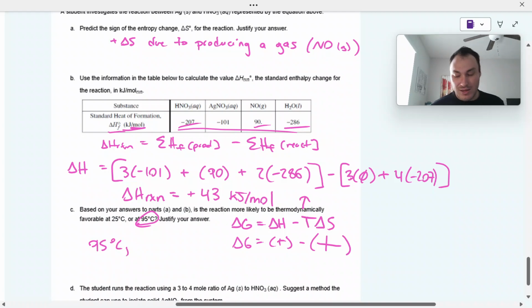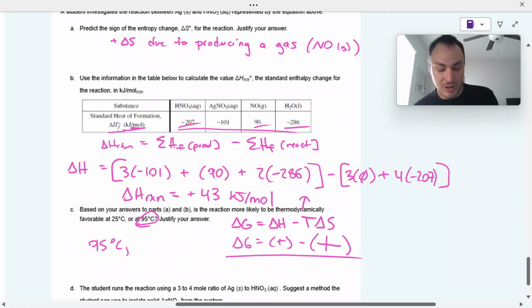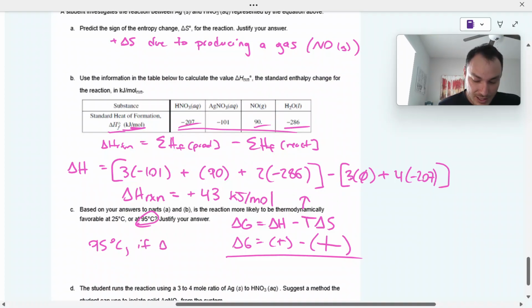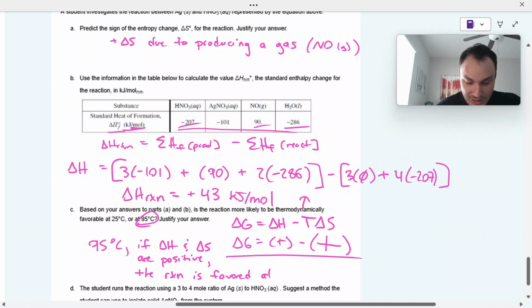And to justify this, it helps putting this, because if you're doing that, the grader kind of knows you're thinking about it correctly, but let's just write something. If delta H and delta S are positive, the reaction is favored at high temperatures.